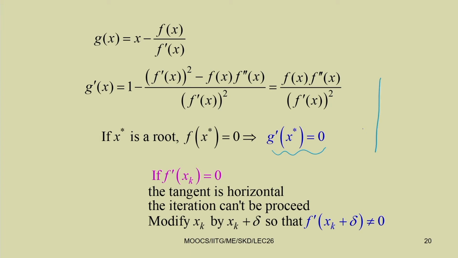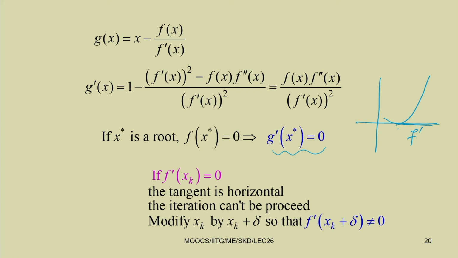Now if f'(x) equal to 0, we have to see what is the meaning of f'(x) equal to 0. The tangent, that is, this is f'(x). At this point, for example, it is tangent to this curve. If we take a point where the tangent is horizontal, that means it will not cut the axis.